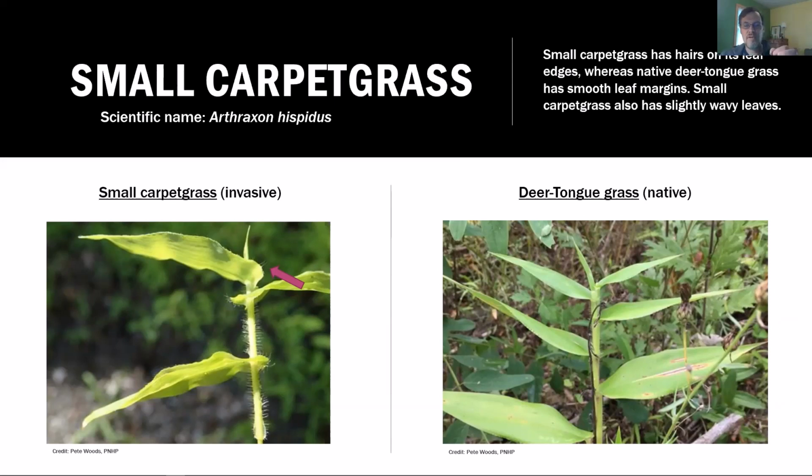That sheath is very fuzzy on both of these. But if you look at where the arrow is on the small carpetgrass, at the edge of the leaf, you'll see long hairs around the very edge of the leaf. And that's distinctive, and the deer tongue grass does not have that. And also the deer tongue grass doesn't have that wavy, undulating edge on the leaf.